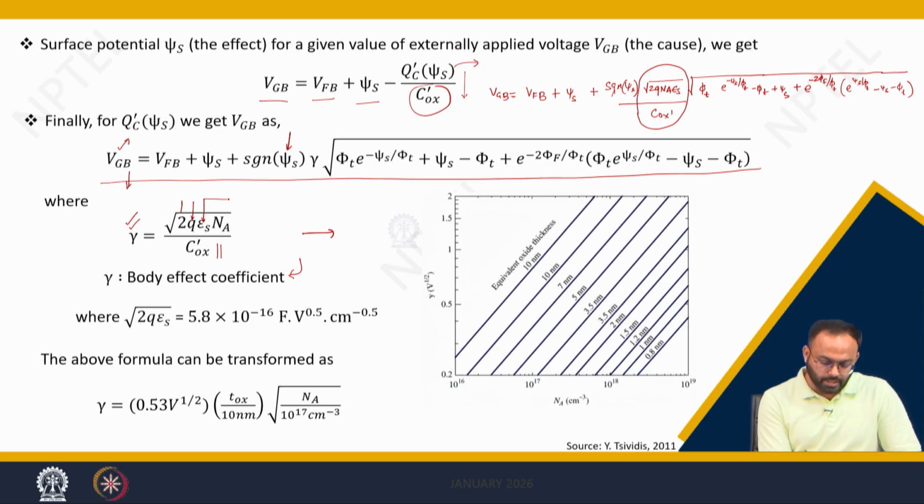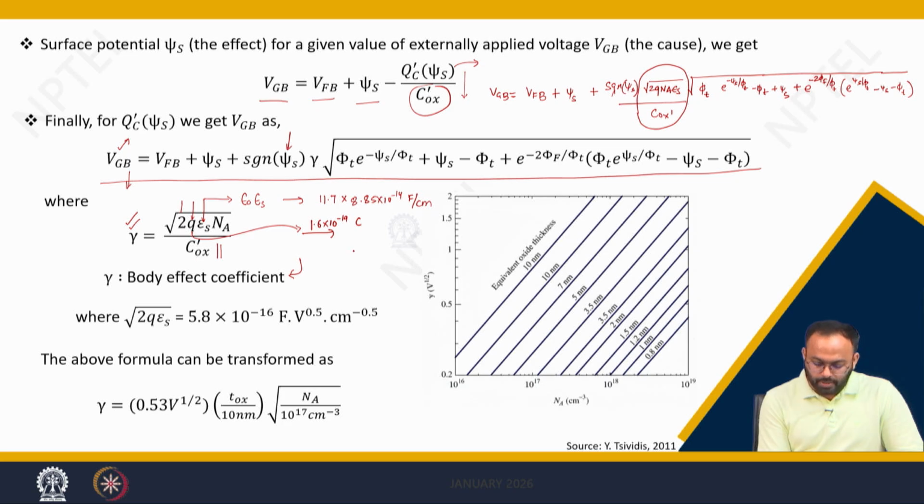Here epsilon s is the permittivity of silicon, which can be written as epsilon naught into epsilon s. The relative permittivity of silicon is 11.7, into 8.854 into 10 to the power of minus 14 farad per centimeter, and here q is the electron charge, which is nothing but 1.6 into 10 to the power of minus 19 coulomb.